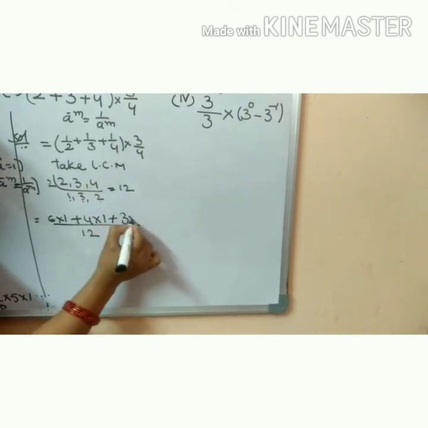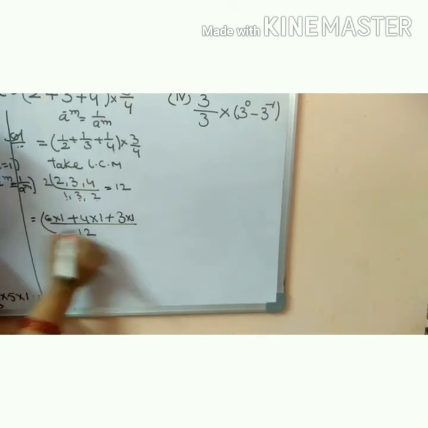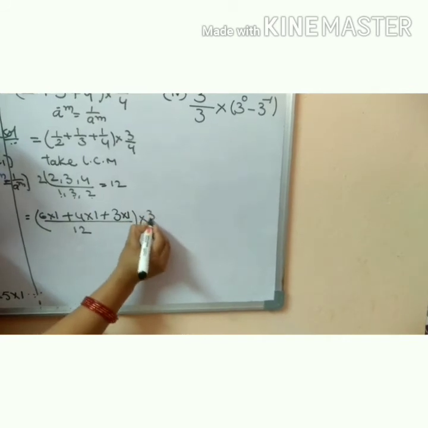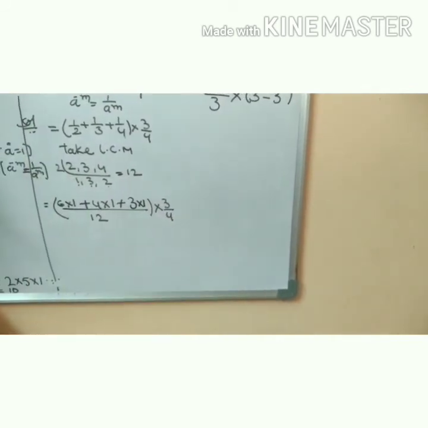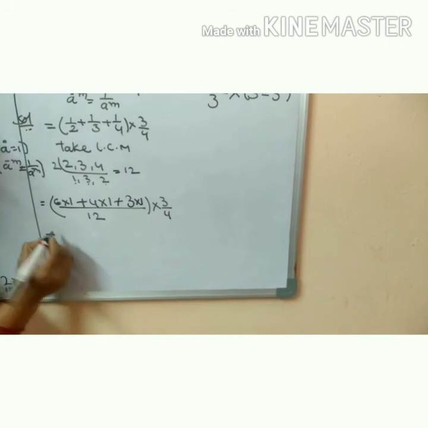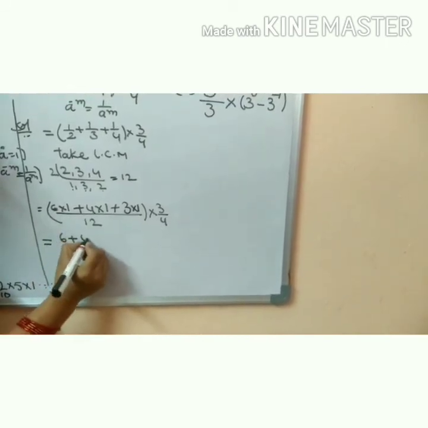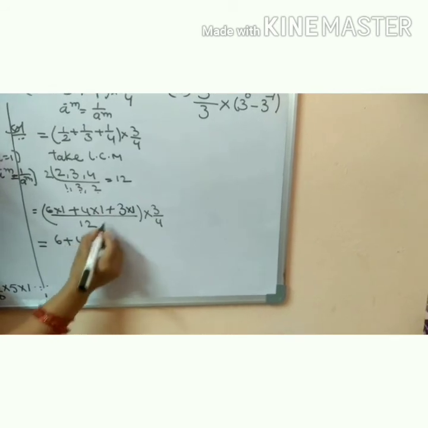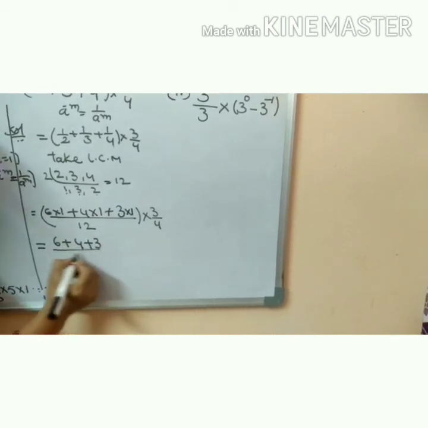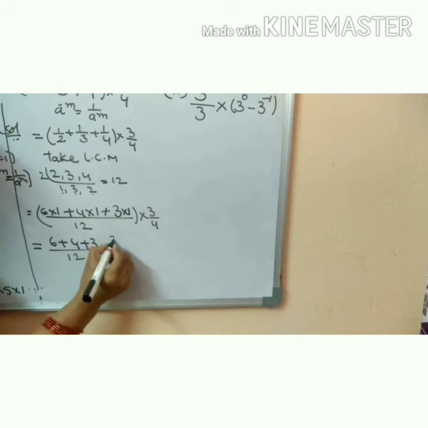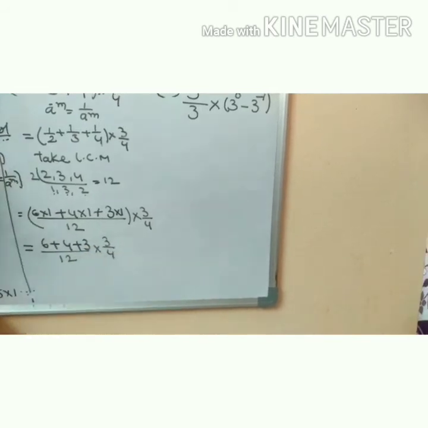3 times. 3 into 1 into 3 by 4 into 3 by 4 equal to 6 ones 6 plus 4 ones 4 plus 3 ones 3 by 12 into 3 by 4.